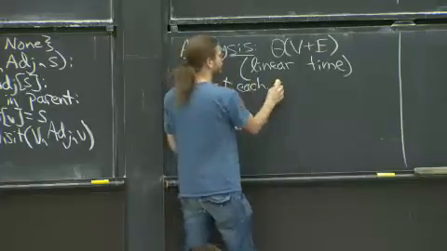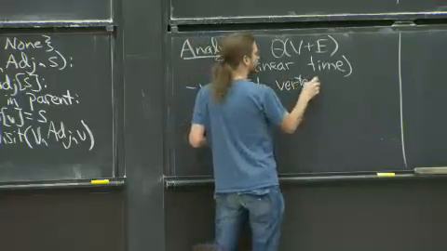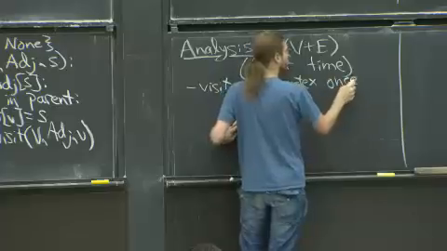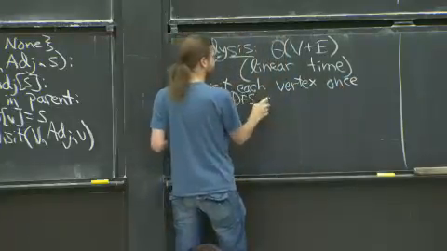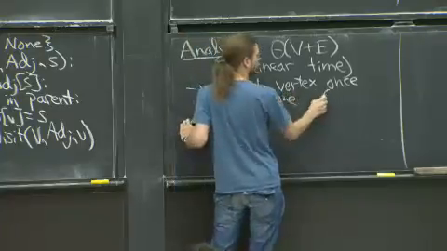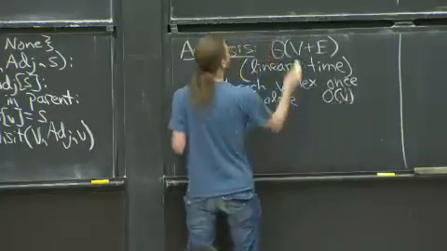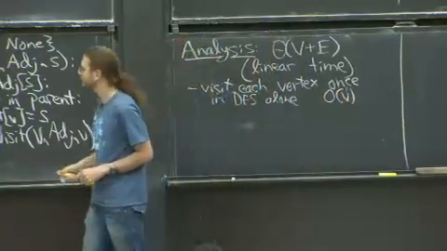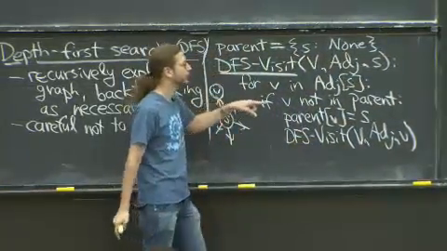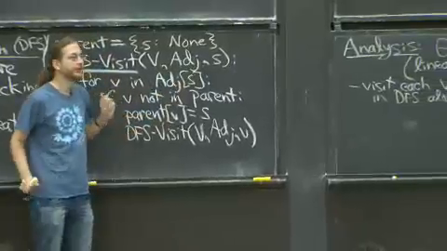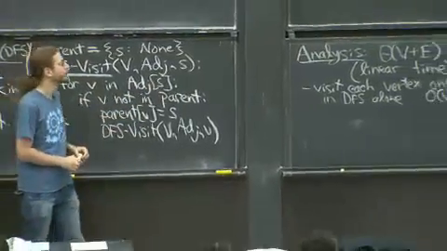Not worrying about the recursion, in DFS alone, that's order V. Then we have to worry about this recursion. But we know that whenever we call DFS visit on a vertex, it did not have a parent before.